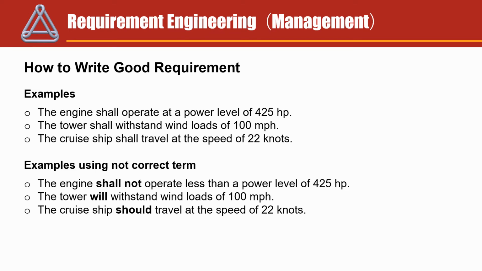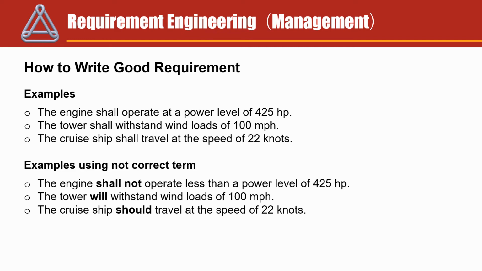The cruise ship shall travel at the speed of 22 knots versus the cruise ship should travel at the speed of 22 knots. By using should, you're making it ambiguous as to what you actually want to accomplish, because if you only hit 20 knots, is that design okay or not?